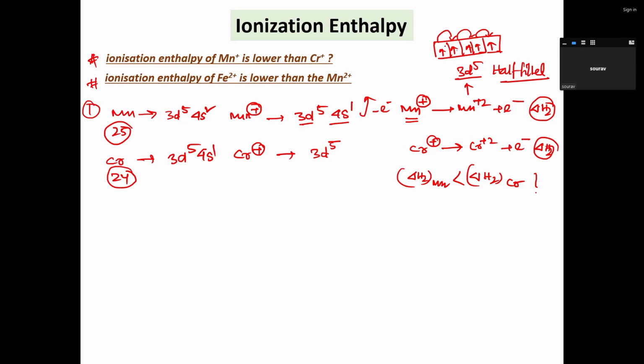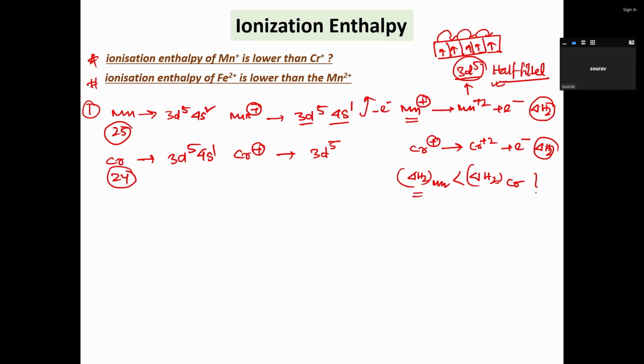So the stability is very high for this 3d5 configuration, which is half-filled. That's why Mn+ always wants to go to Mn2+ with the 3d5 configuration, and that's why ΔH2 for manganese will be lower than for chromium.